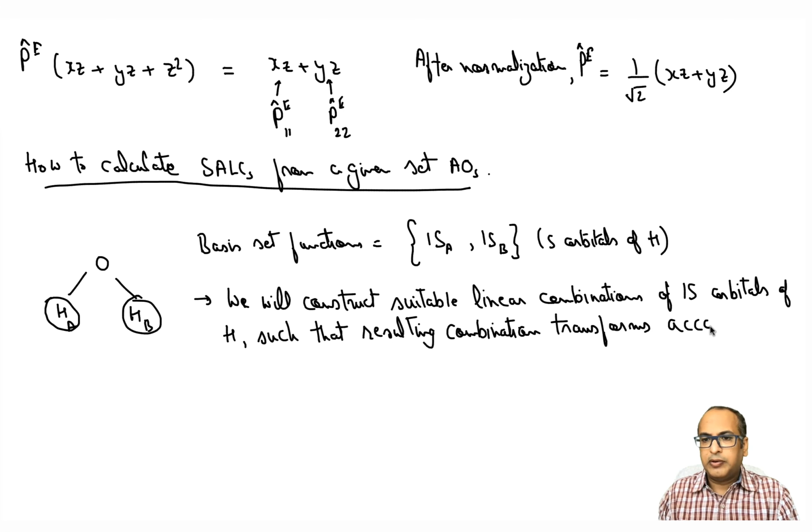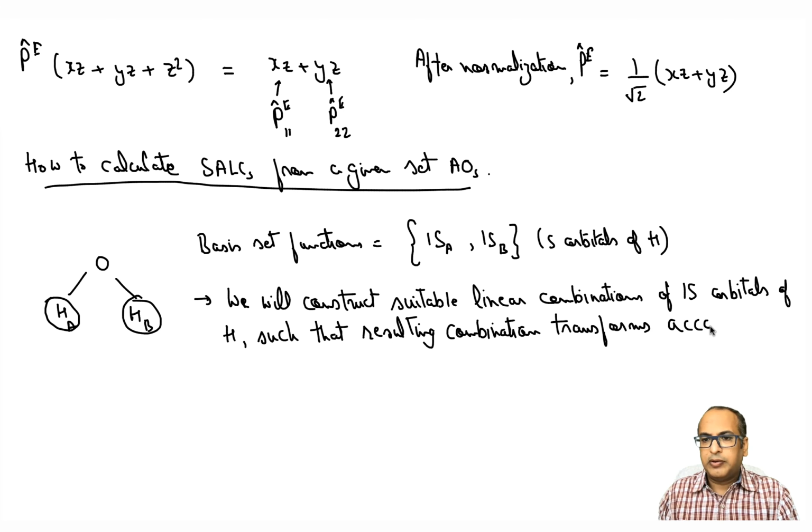Now we can say that tau of 1sA, 1sB can be reduced into a1 times A1 plus a2 times A2 plus a3 times B1 plus a4 times B2.